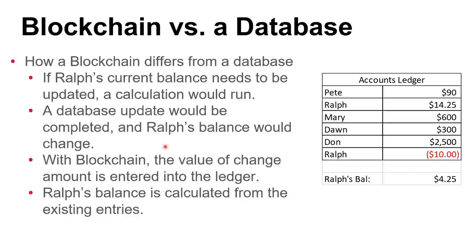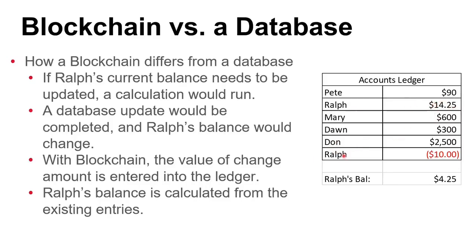So if we want to change a balance, we don't go into that record with a balance. We add a new transaction in order to change that balance. We see here this record, Pete and how much he has, $90, and Ralph has $14.25.